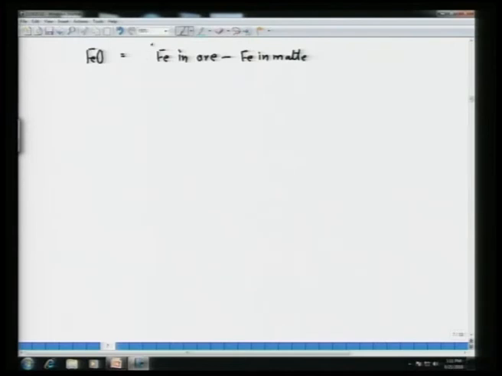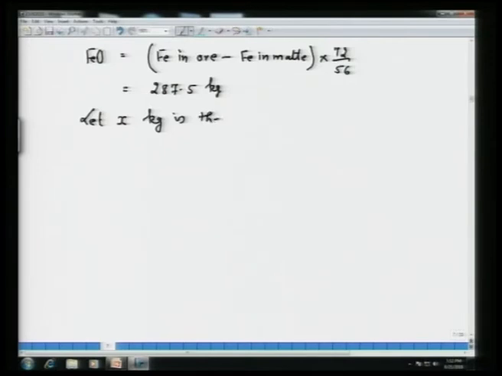That iron will go into slag. To find FeO, multiply by 72 upon 56. So, that will be equal to 287.5 kg, the amount of FeO that is entering into the slag. Now, let x kg be the weight of slag.